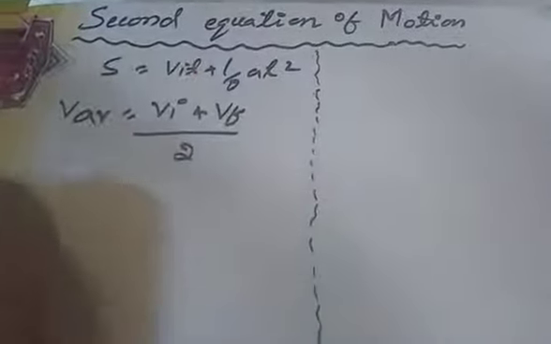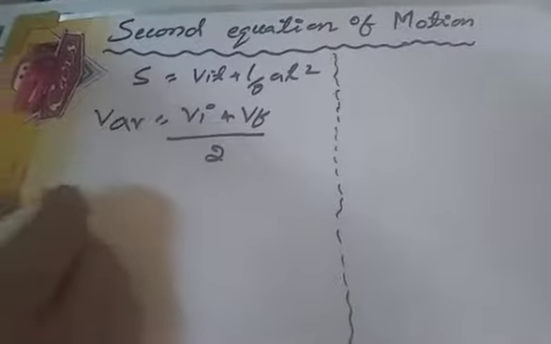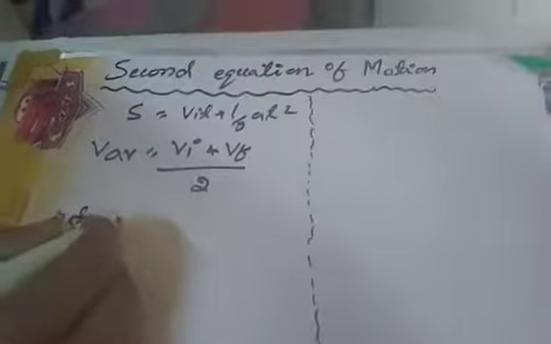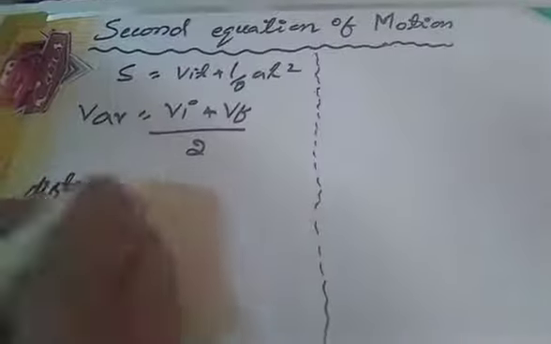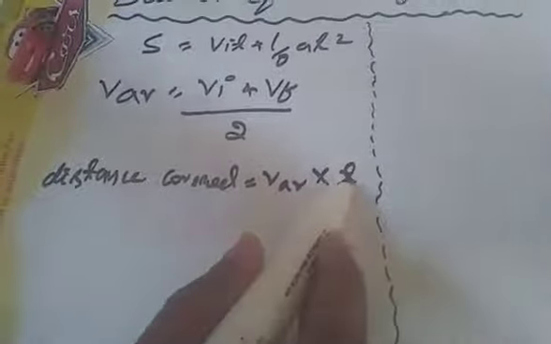We know the distance covered during constant acceleration is equal to the average velocity multiplied by time, Vav times t, where t is the time interval.